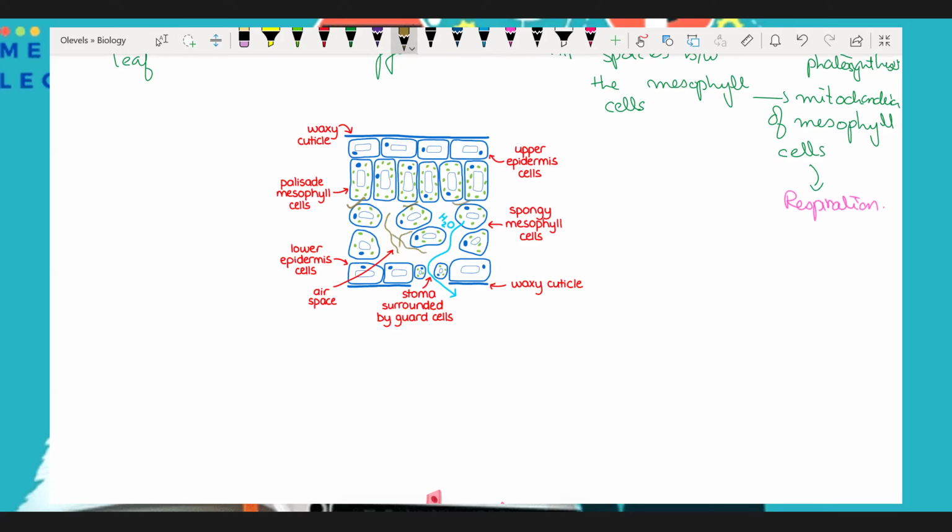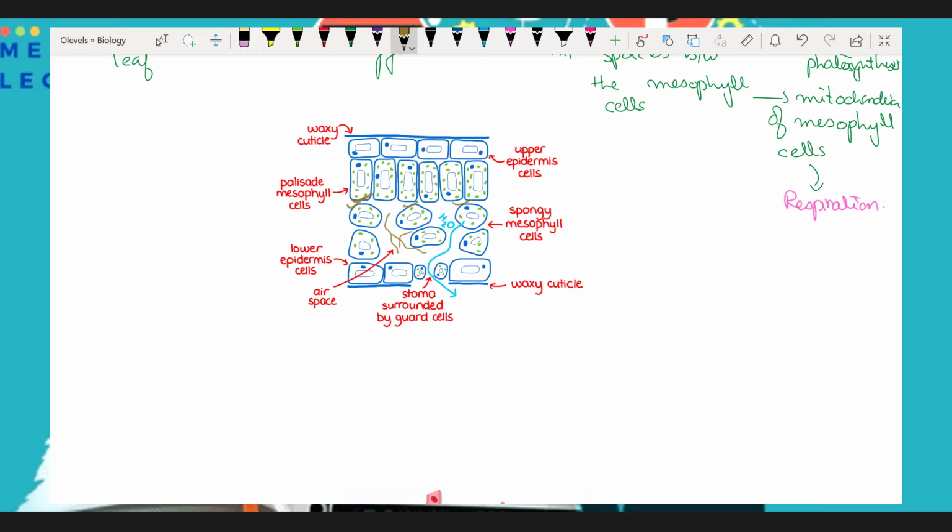Now, the carbon dioxide present between these spongy mesophyll cells has to get inside the mesophyll cells and into the chloroplast, where photosynthesis happens. The movement of carbon dioxide from the air spaces into the chloroplast of mesophyll cells is done by the process of diffusion.